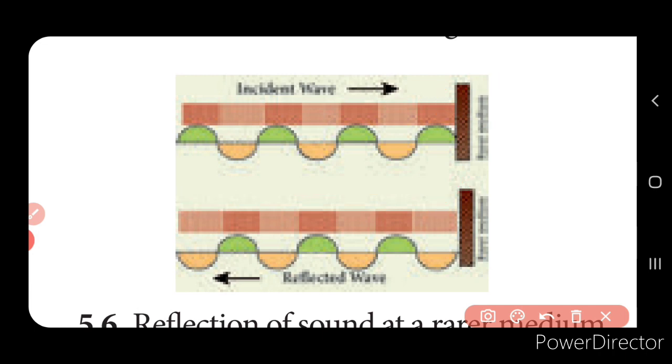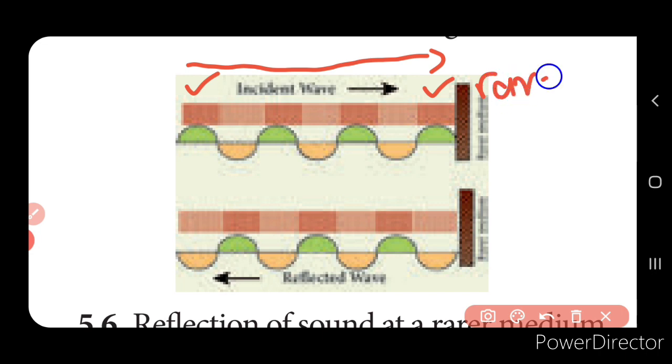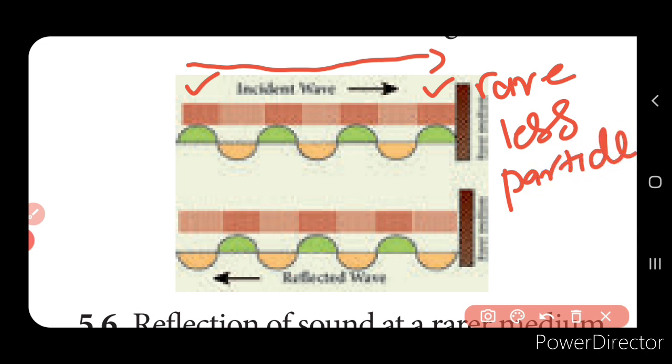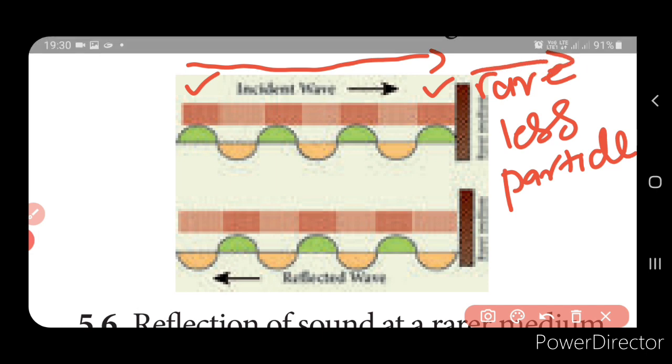Now once again I'll repeat, children. Here the incident ray travels from the compression and it meets the interface, that is the rarer medium. Now here the rarer medium consists of fewer particles, isn't it? Now since it consists of fewer particles, the particles are free to move, isn't it? So what will happen? This rarer medium will move in the direction of the incident ray.